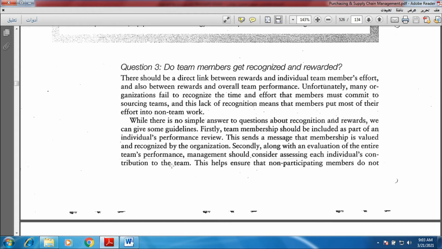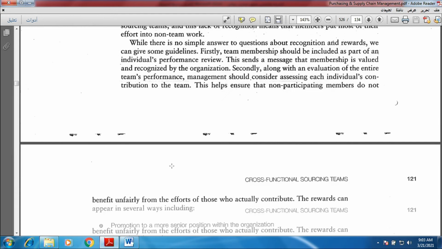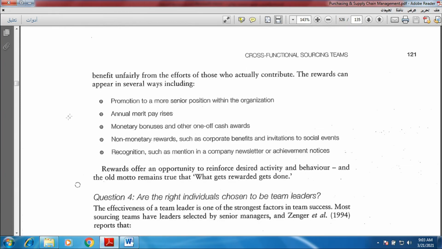These are important opportunities for the team members to be nominated for higher positions. So think about the promotion, think about the pay rises.